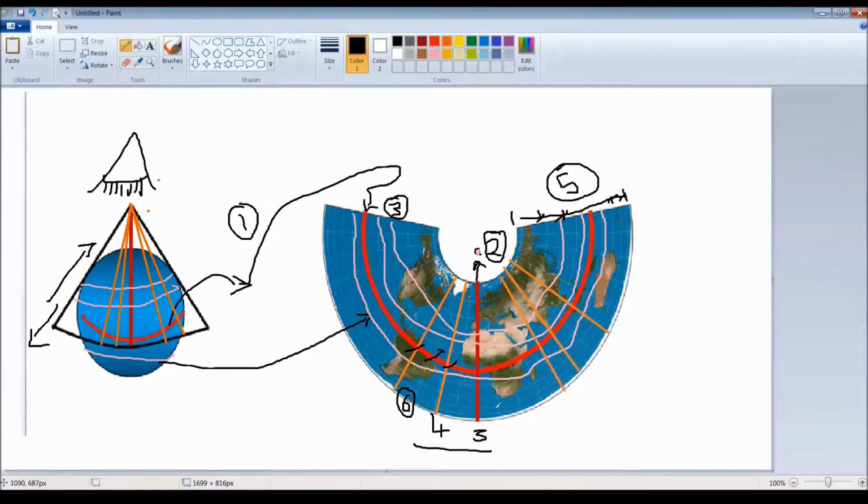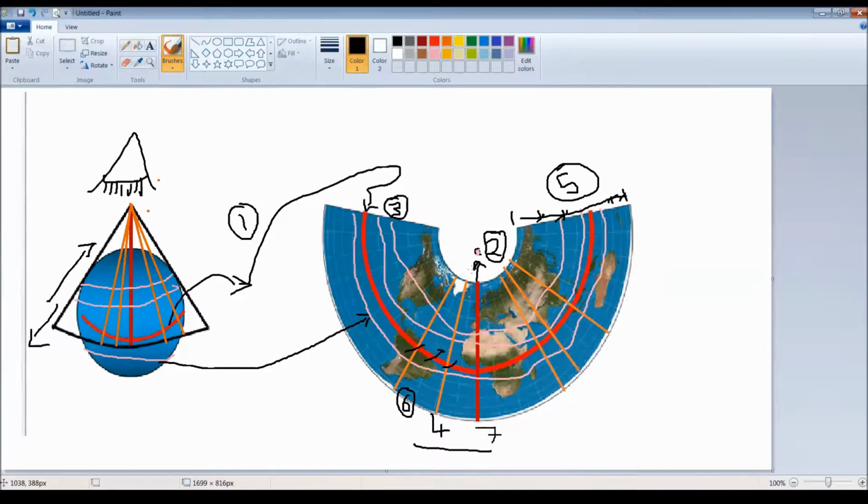Number 4, or well, I have 3 here. Let's call this 3 prime. I don't want you to get confused here. Number 4, all the longitude lines are going to go and intersect, so they are intersecting lines, and they are all going to intersect at the North Pole.